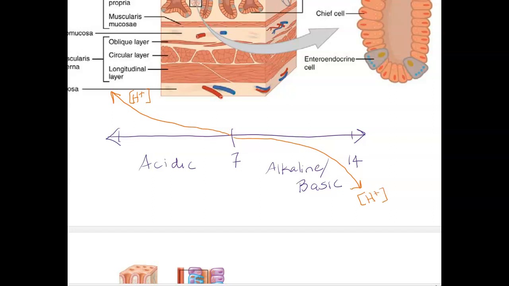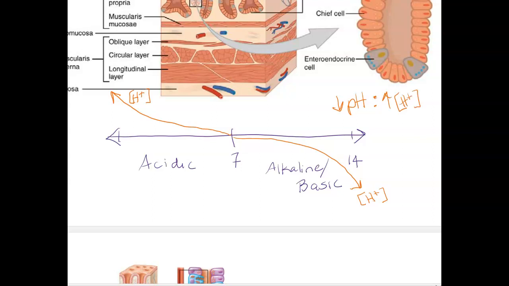So when you talk about these changes, you could say that a solution's pH has decreased, say from 6 to 5, but its hydrogen ion concentration has increased. So that looks like this. A decrease in pH is due to an increase in hydrogen ion.